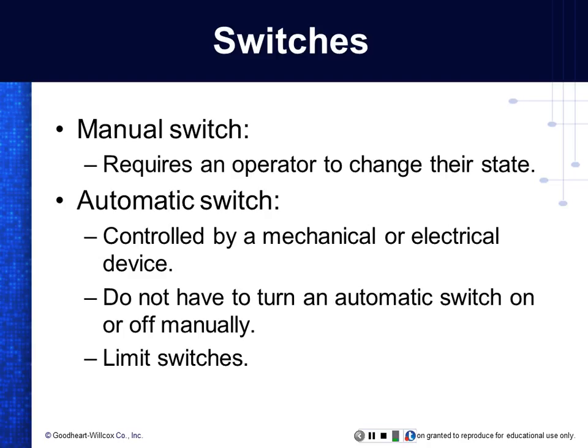When it bumps into a plate or something, it hits that switch, which changes the direction of flow, and sends the car back the other way. I could also put one on the other side of the car. When it gets to the opposite end, it hits the wall or whatever I've got down there. It mechanically hits it, flips the circuit, and it goes back the other way, and it could do that all day long.